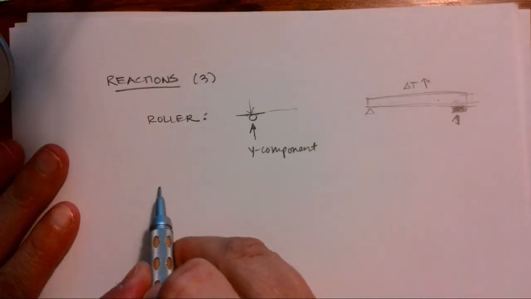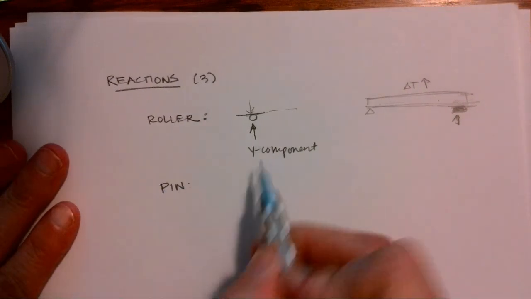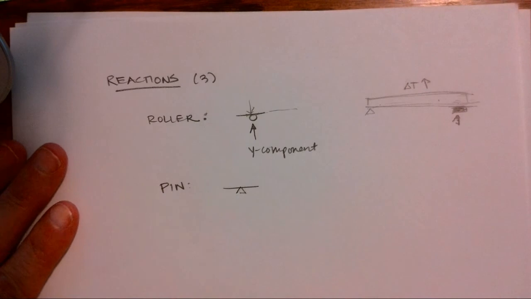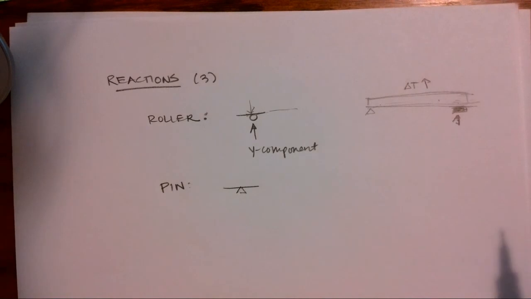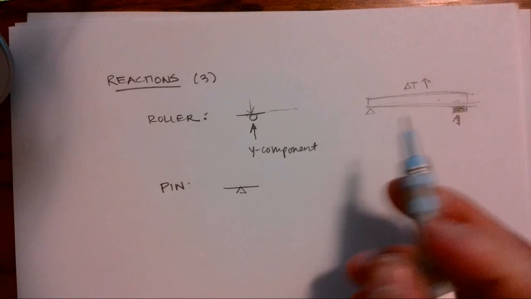We have a pin reaction, which we signify as a triangle, and you can think of a pin as a door hinge. If you try to take your door off, you can't pull it off up and down, you can't pull it off in the X direction, but you can rotate it. So again, we can think of it as a teeter-totter.